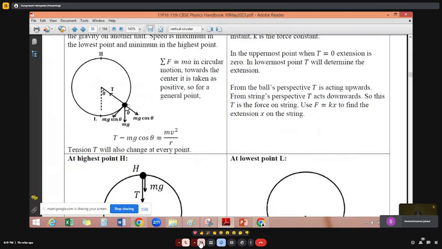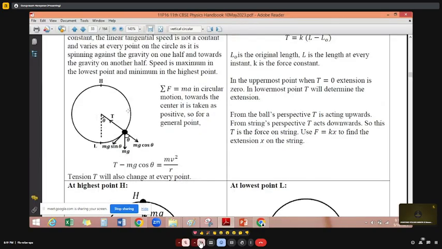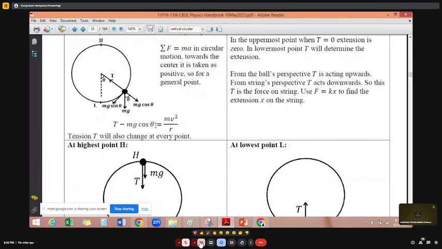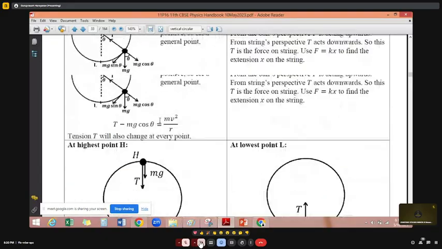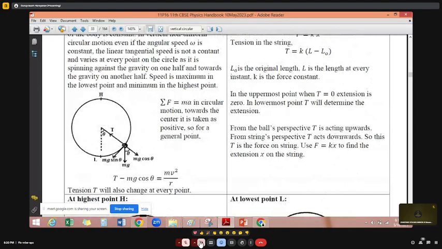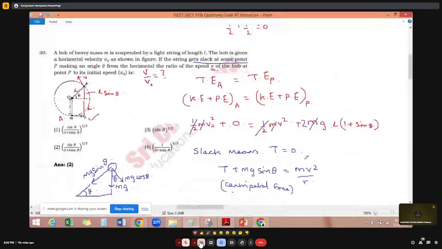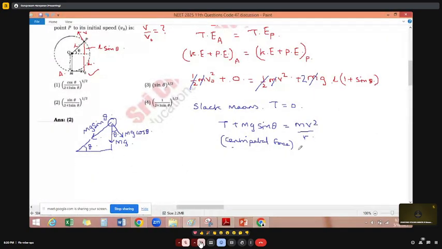So go back and check the general point, how to take mg cos theta, mg sin theta, all those things are discussed over here. But in this particular problem, mg sin theta is acting towards the center, right? Because the theta taken is different. So that's why you have to change the equation like this.